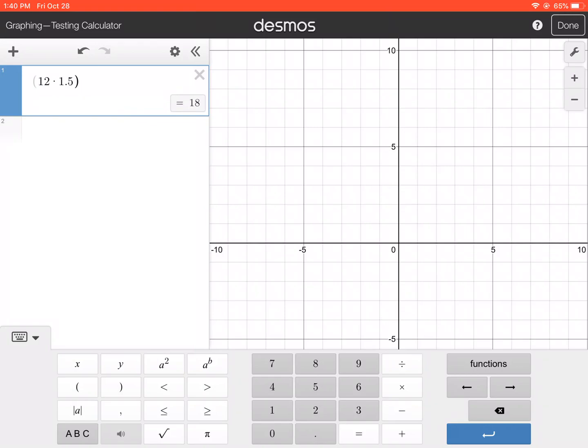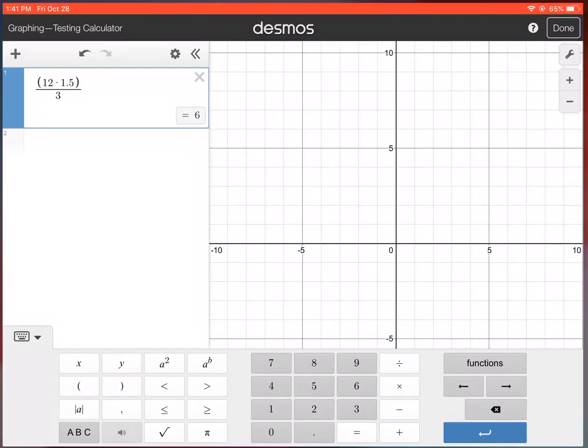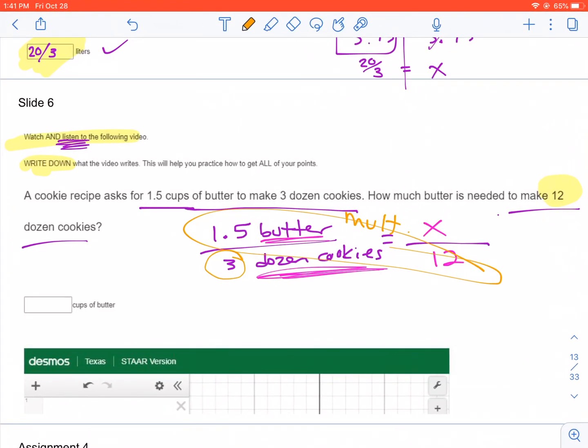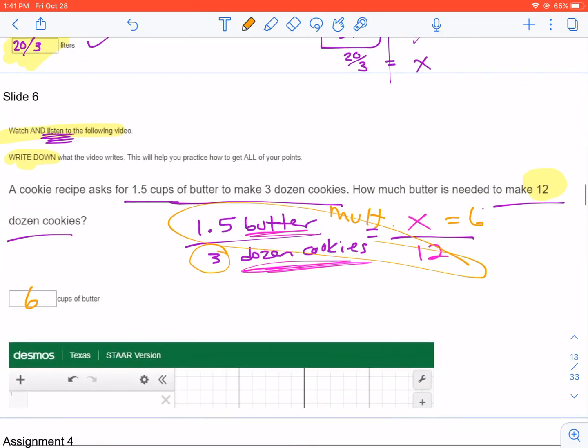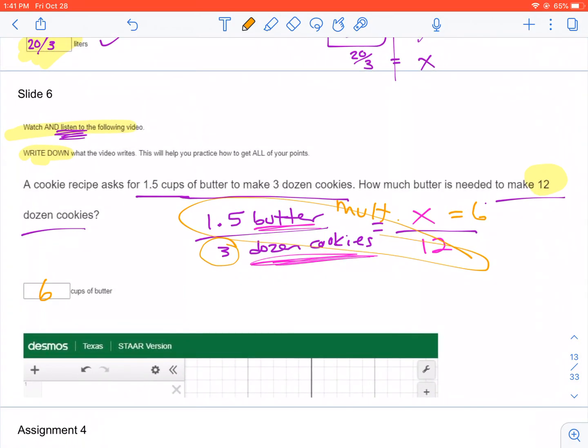So we're going to put it in what kind of looks like a big oval if you connect those parentheses, and then we're going to divide that by that leftover number, which was a 3. And so we get an answer of 6. And so that's going to be 6 is our answer.